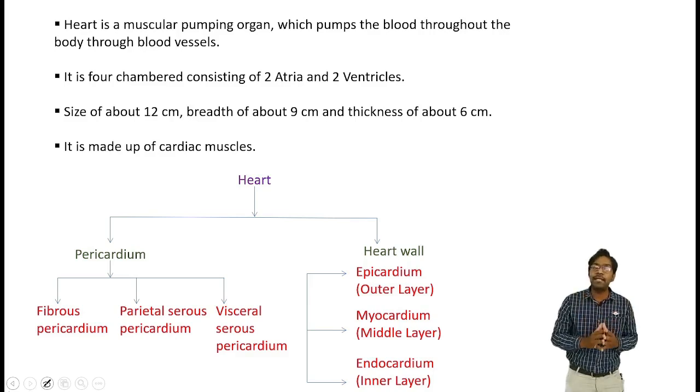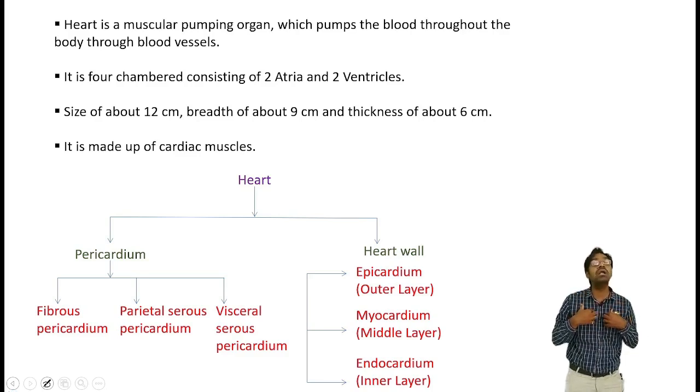What are striated muscles? Striated muscles contain alternate light and dark bands present in their sarcomeres, while in the case of smooth muscles there is no presence of light and dark bands. So the cardiac muscle is similar to skeletal muscle, but the major difference is that skeletal muscles are voluntary in action, meaning they can be controlled by our will, but the cardiac cells are totally involuntary.